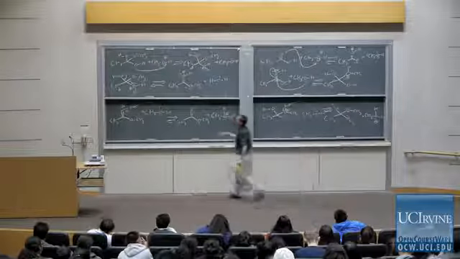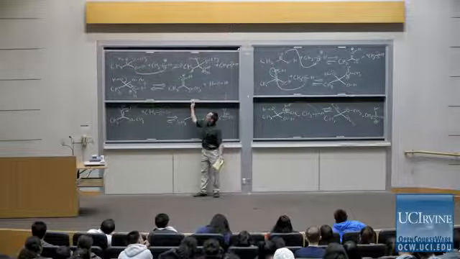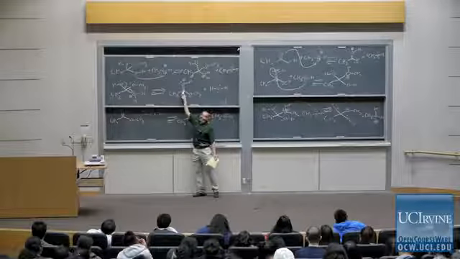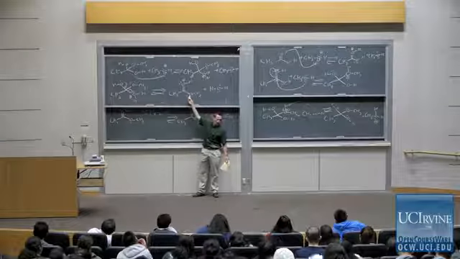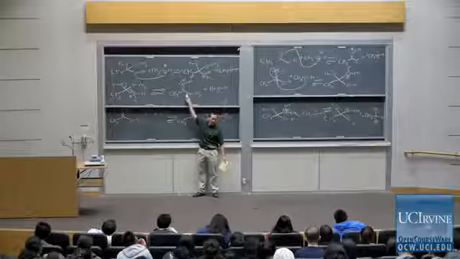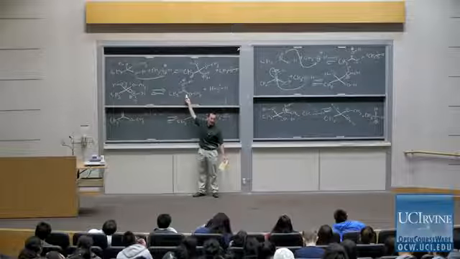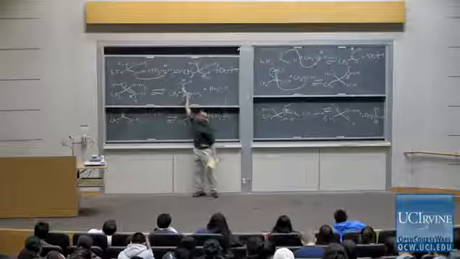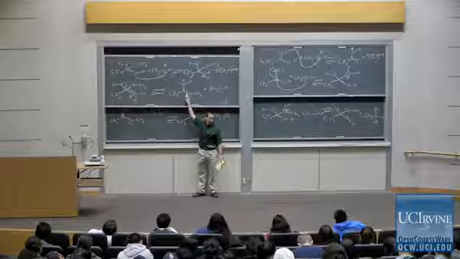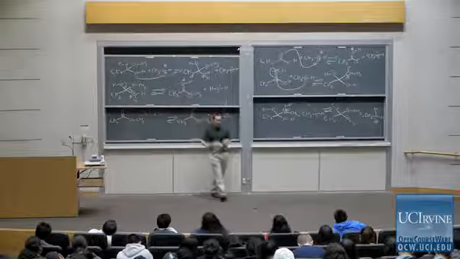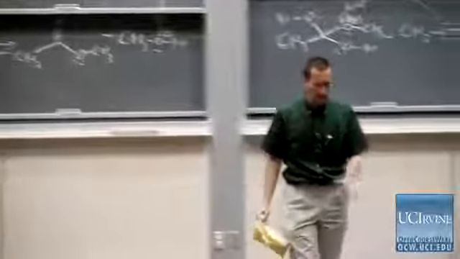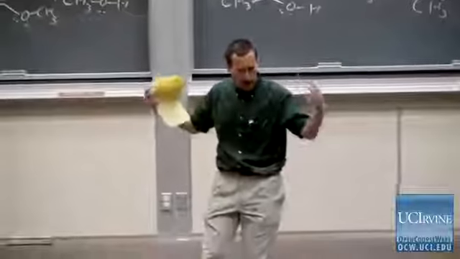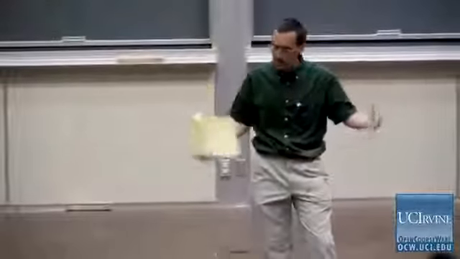You can picture another resonance form in which the positive charge is on this carbon, and a third resonance form in which we have a double bond to this oxygen, single bond to this oxygen, and a positive charge on this oxygen. And collectively, all 3 of those resonance structures make up a picture of the actual species.